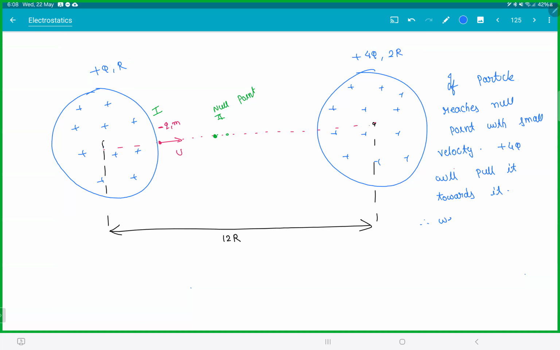Therefore, we just need to reach the null point. You need not go till 4q. So the null point is your state 2.